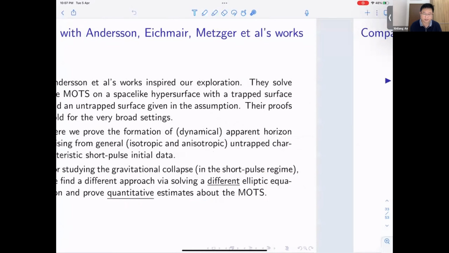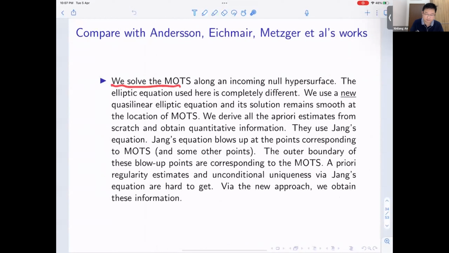So in the next slide, for our approach, we solve the modes along an incoming null hypersurface, and the elliptic equation used here is completely different. We use a new quasilinear elliptic equation, and its solution remains smooth at the location of the modes. We derive all the a priori estimates from scratch, even including the anisotropic scenario, and obtain quantitative estimates and information.